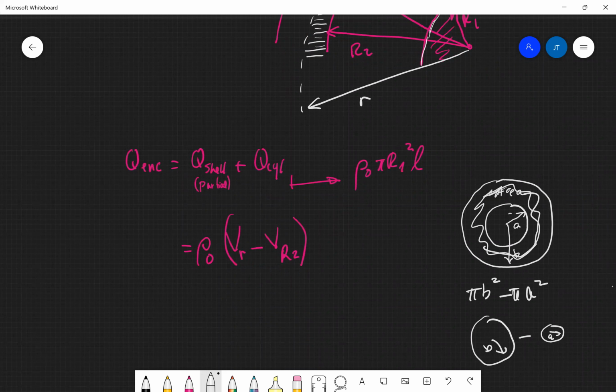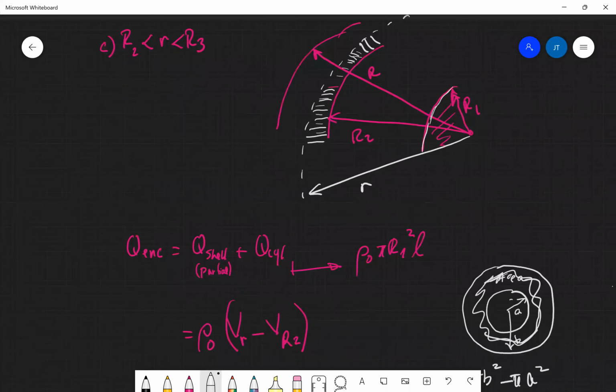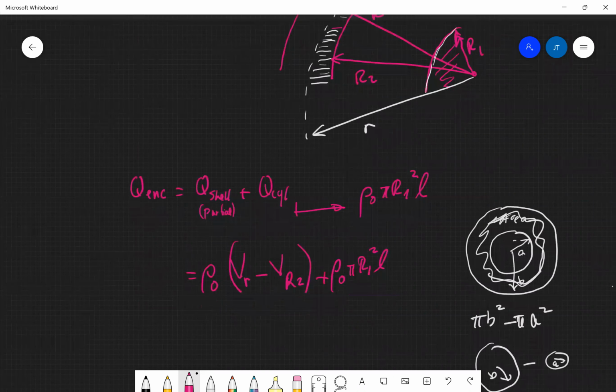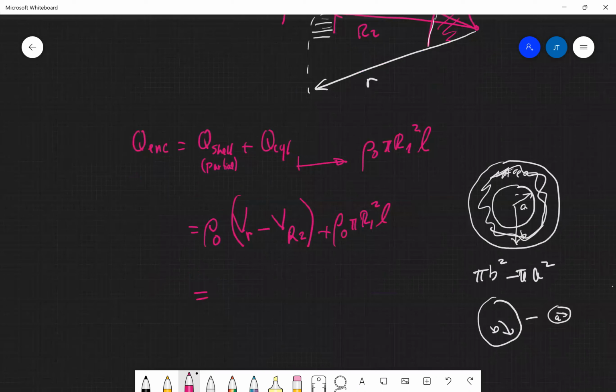Same thing here. The volume of the big cylinder, take away a bored cylinder inside of radius R2, is the volume of that little shell, and times the density will give me the charge in that shell, plus the charge from the inner cylinder. So what's the volume at radius r?